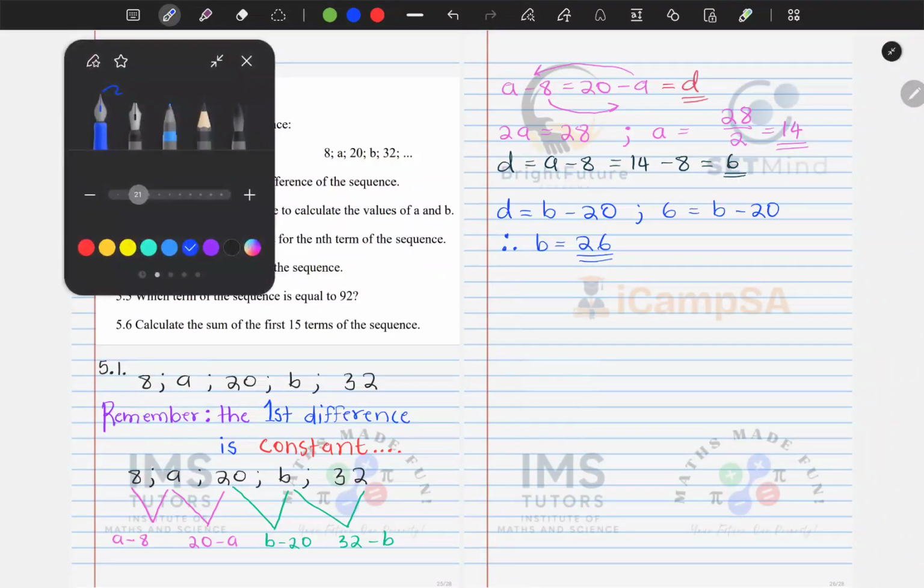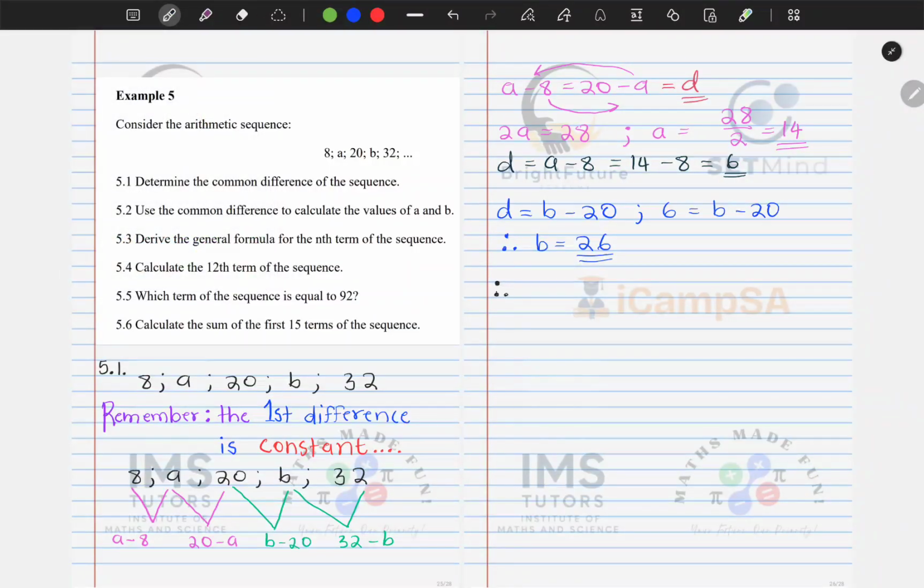So there we go. We have found our b and we have found our a and d. But what they were looking for, most importantly, was d here, which we just found as 6. So we really didn't need to even find the b. So let me eliminate it because on the next page, we actually need to find these.